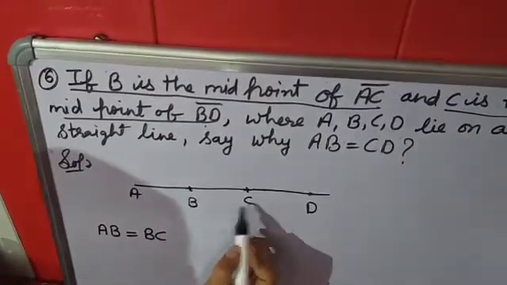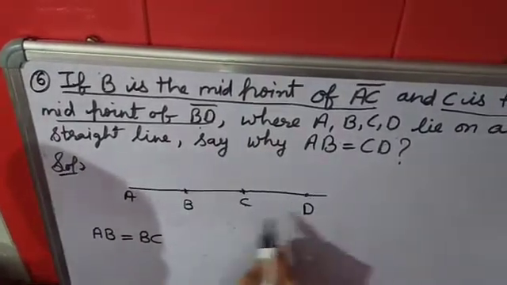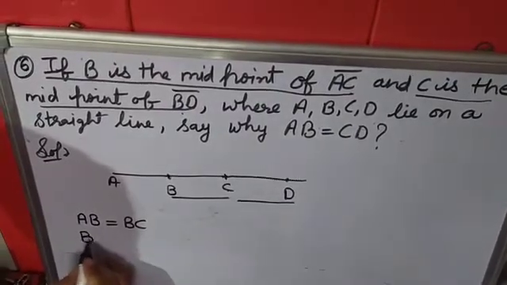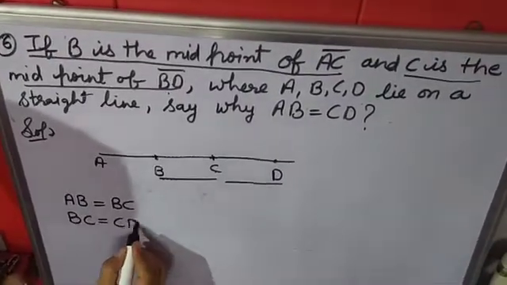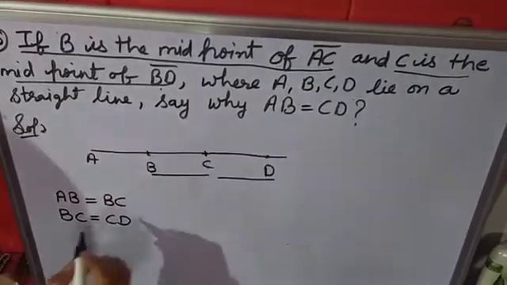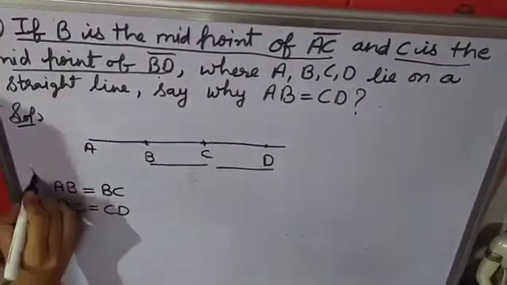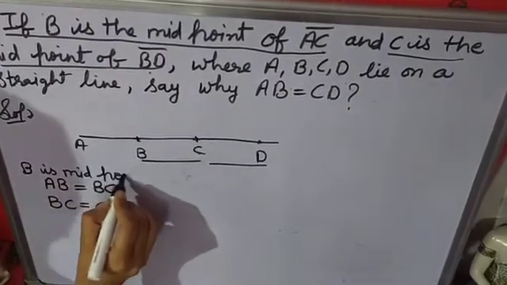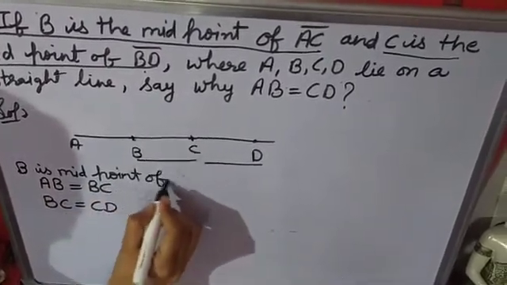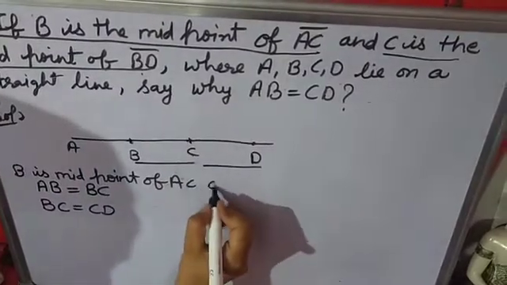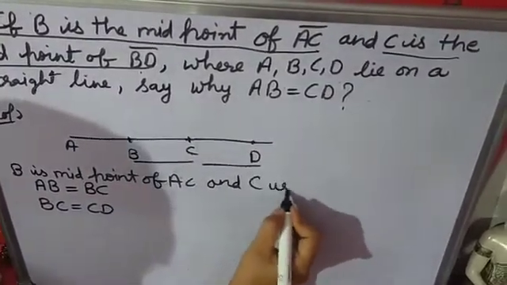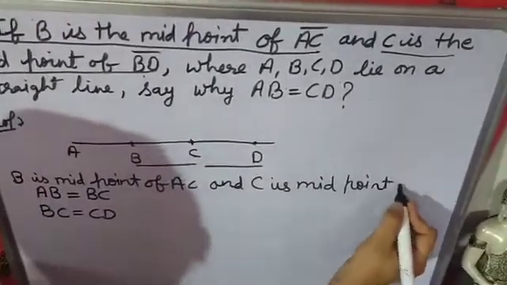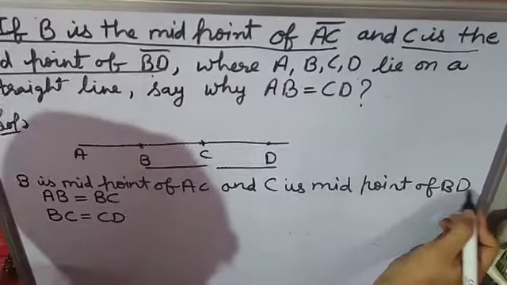Now C is the midpoint of BD. So it means BC is equal to CD. ठीक है? So here you will write B is the midpoint of AC and C is the midpoint of BD. ठीक है?